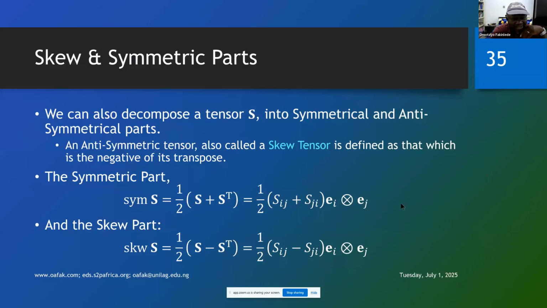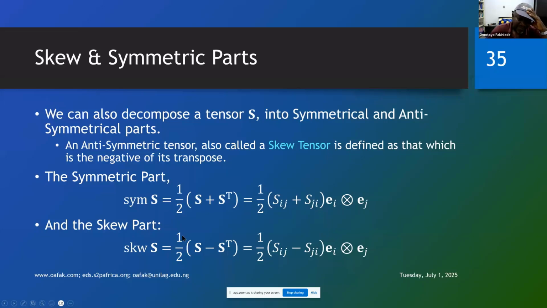So if you have S, add S and S^T and take half, because if you break them into components, S is S_ij e_i circle times e_j, and S^T is S_ji e_i circle times e_j. So that is it.